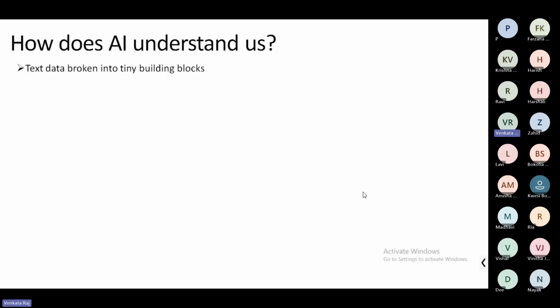That is very, very important, guys. Whenever we are providing any text, that text is broken down into tiny building blocks. Whatever input we are providing, that is broken down into tiny building blocks. That smallest block, the smallest unit, is known as a token, everyone.